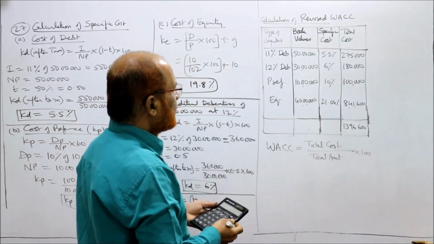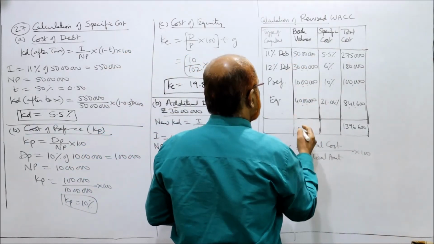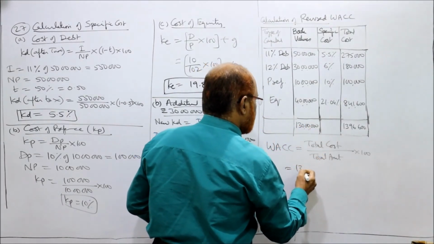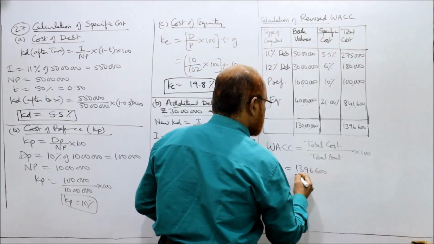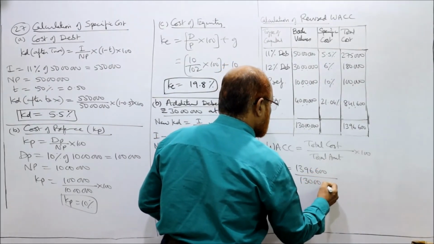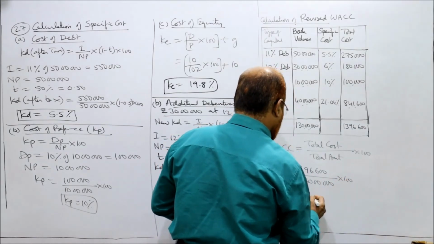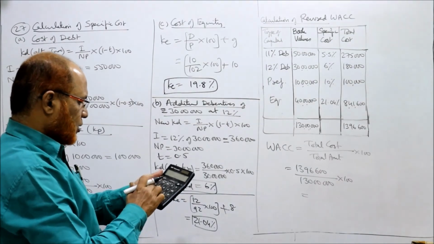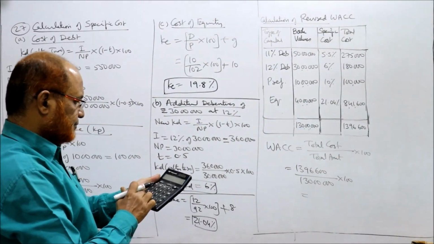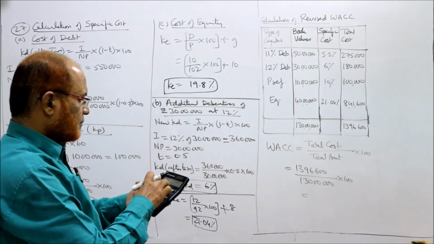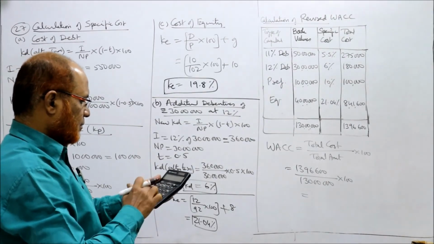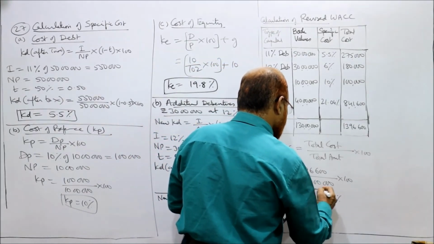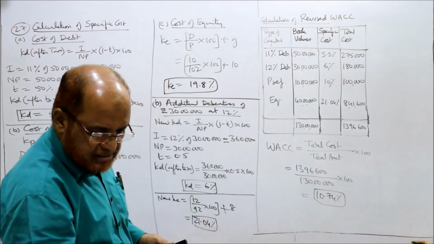Here total is 1 crore 30 lakh. 13,96,600 divided by 1 crore 30 lakh. 10.74. This is the new WACC.